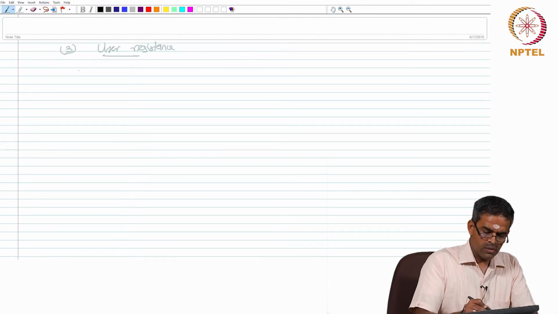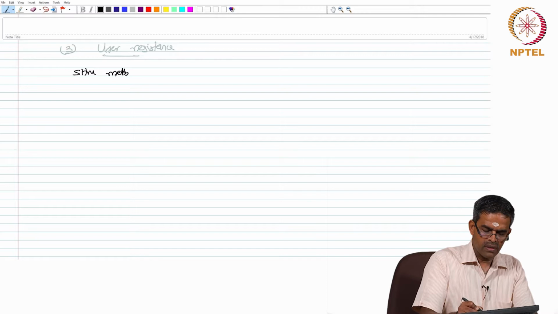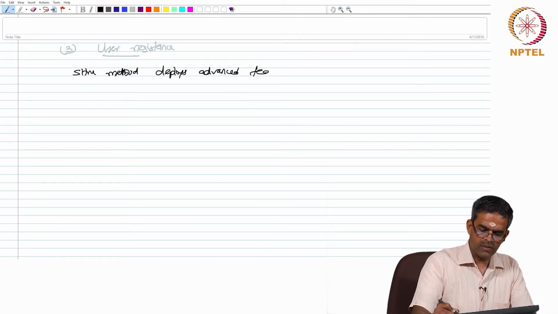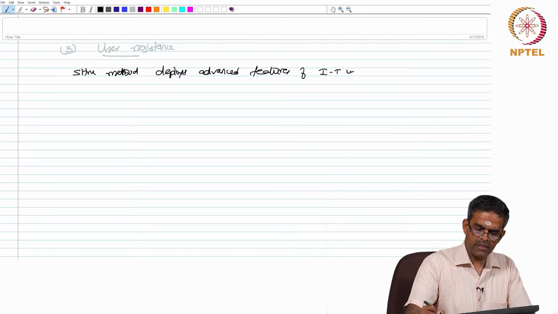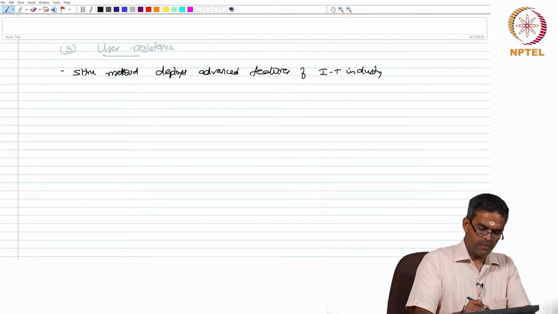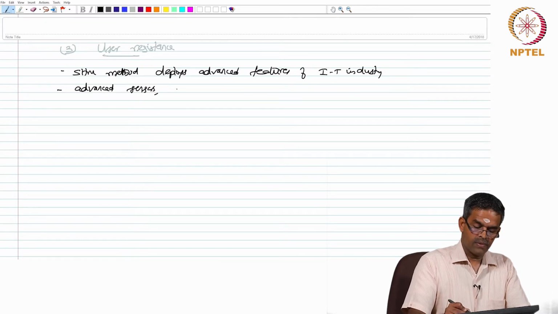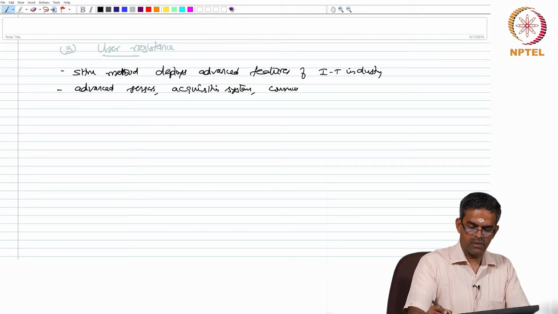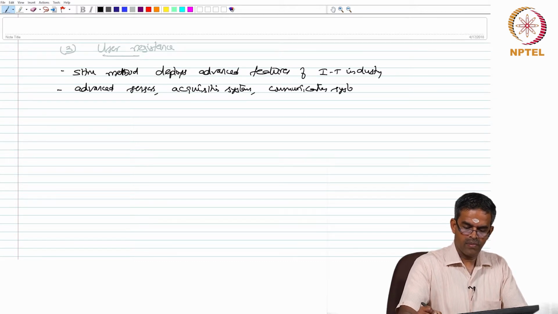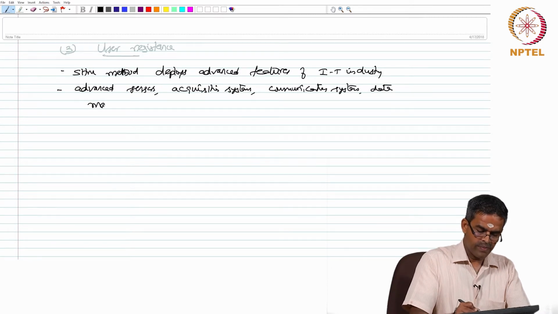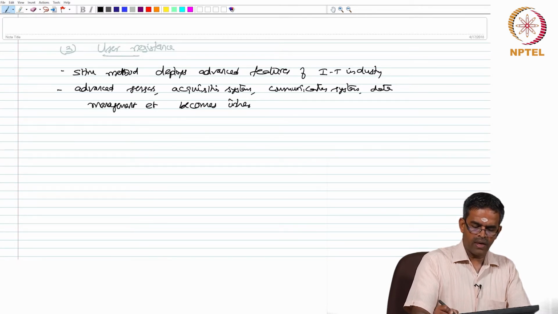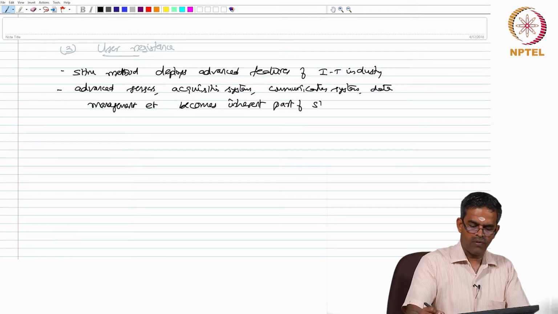It is very important to note that the SHM method deploys advanced features of the IT industry: advanced sensors, acquisition systems, communication systems, data management, etc. become an inherent part of the SHM method.